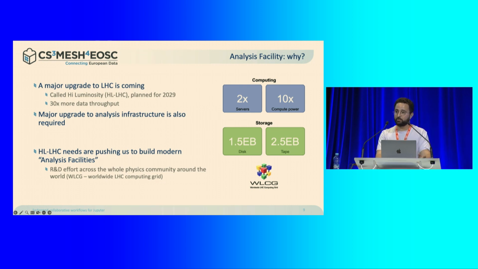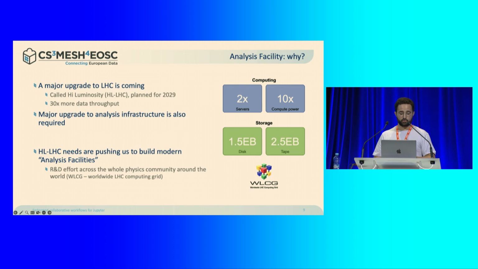So the physics community decided to start investigating how to integrate all of these services, the ones that I also saw in the previous slide, and to provide a cohesive and easy-to-use system to the users. They call this the creation of an analysis facility.